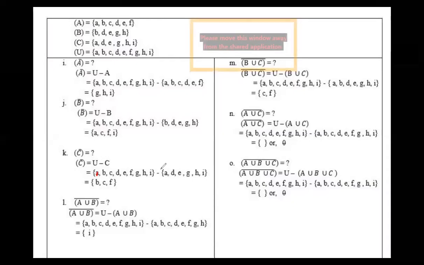A and A will be cancelled, D and D will be cancelled, E and E will be cancelled, G and G, whatever repeated letters are there, we cancel. H is also repeated, I is also repeated. Now just see the front letters only. What are the remaining letters now? B is remaining, C is remaining, F is remaining. So this is going to be our answer.